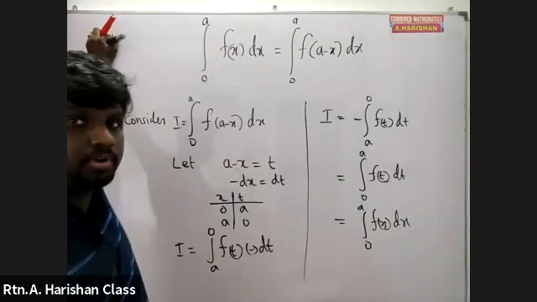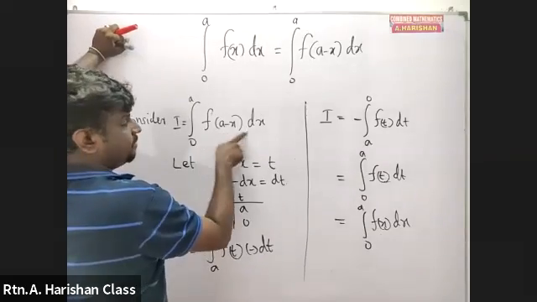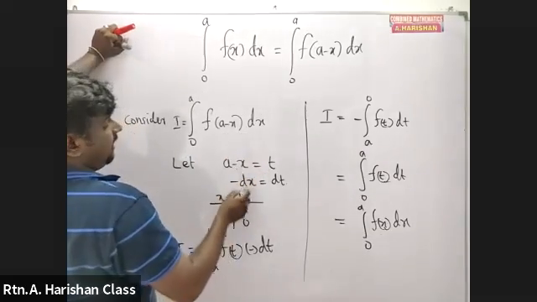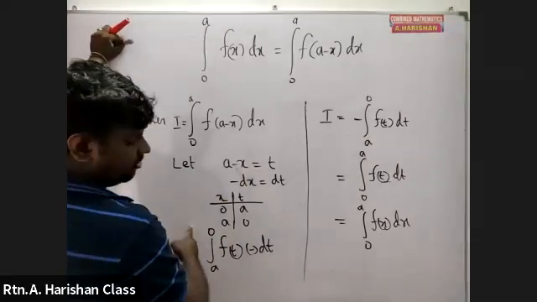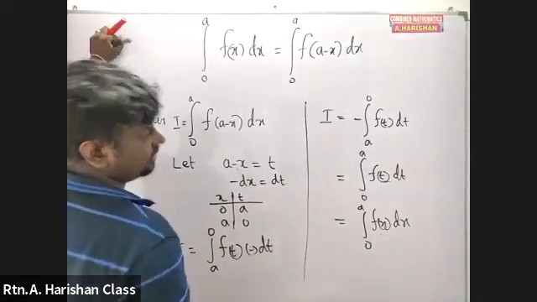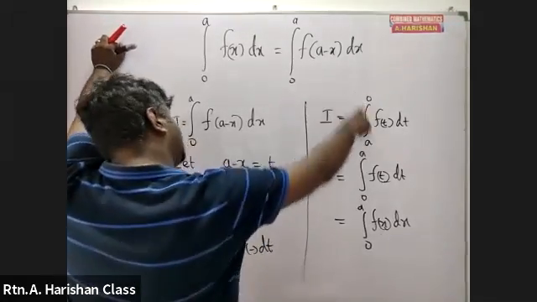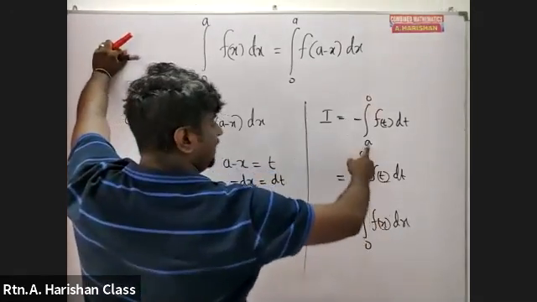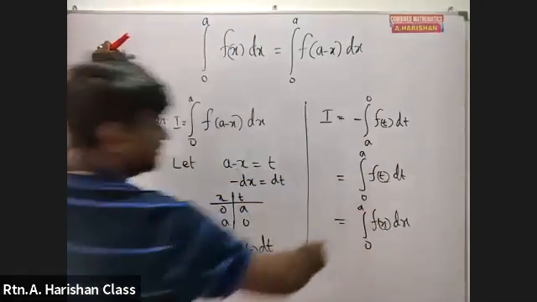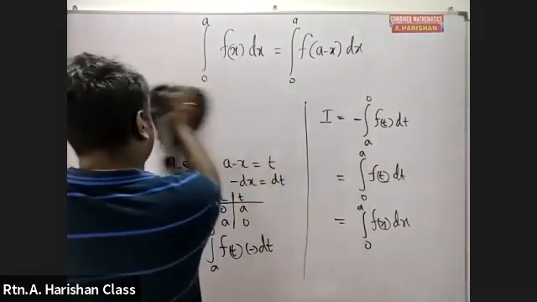Right. So very important thing. You have to take a minus x as t and minus dx as dt, changing the limits. A to 0 f t minus dt. So what happens, the minus will change the limits. So without minus, you change the limits and write. That's it.